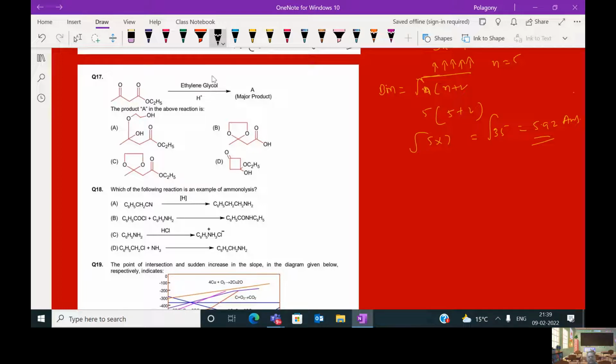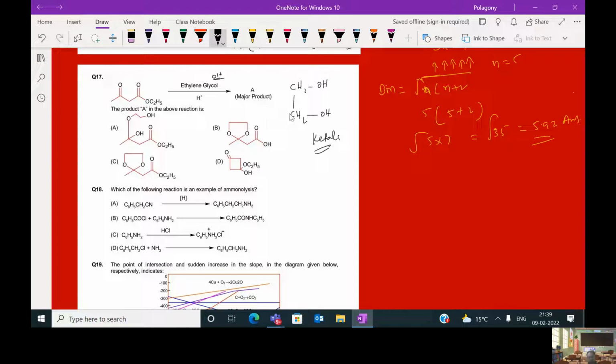And ethylene glycol is an alcohol, a diol. For the ketone, there is one ketone functional group, and when ethylene glycol is added in the presence of acidic medium, we get ketal formation.